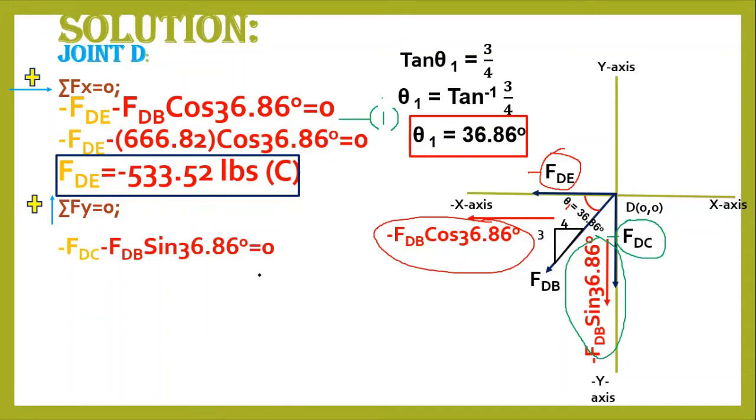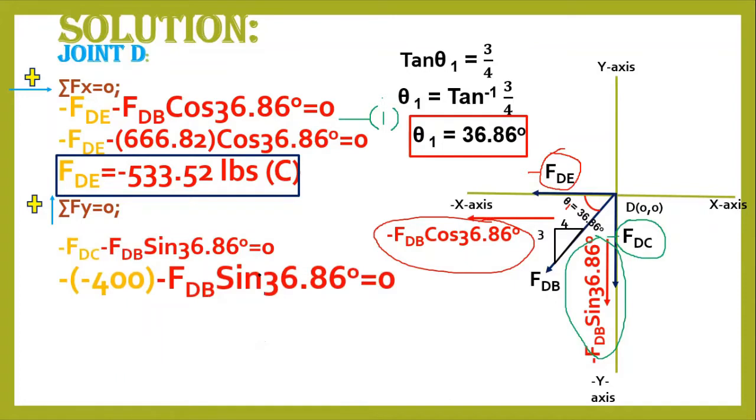We have already calculated the value of FDC in the last slide at joint C. So I put the value of minus 400 here in the bracket, and the minus sign is already here. Now we can calculate the value of FDB.